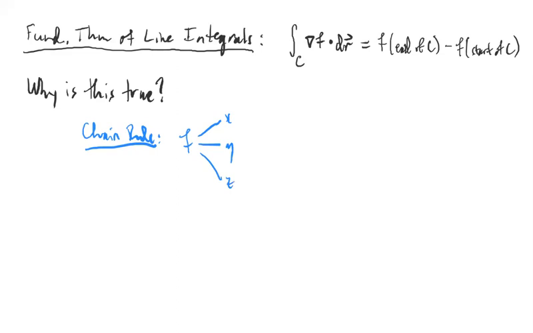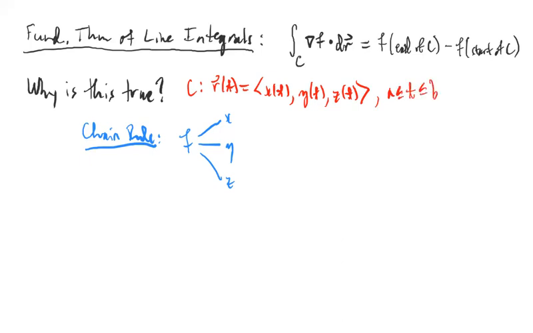In this case, we would want to parametrize the curve C. We would say that C is parametrized by r of t equal to x of t, y of t, z of t, where t travels from a to b, a less than or equal to t, less than or equal to b.